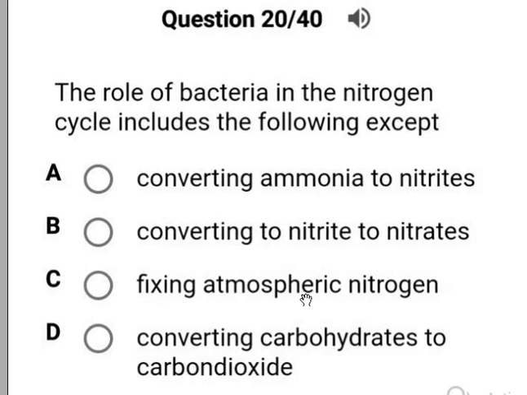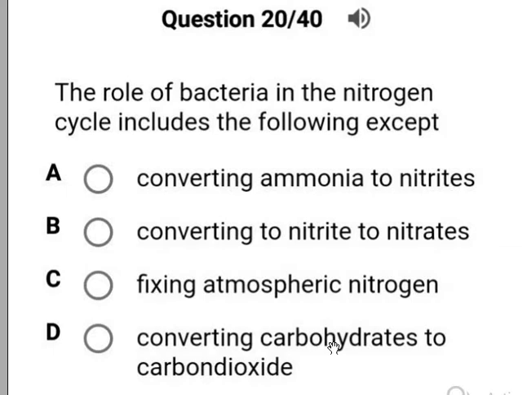We have all the conversions of nitrogen in the cycle. The reason why converting carbohydrate to carbon dioxide is not the role of bacteria in the nitrogen cycle is that carbon dioxide is not part of the nitrogen cycle.